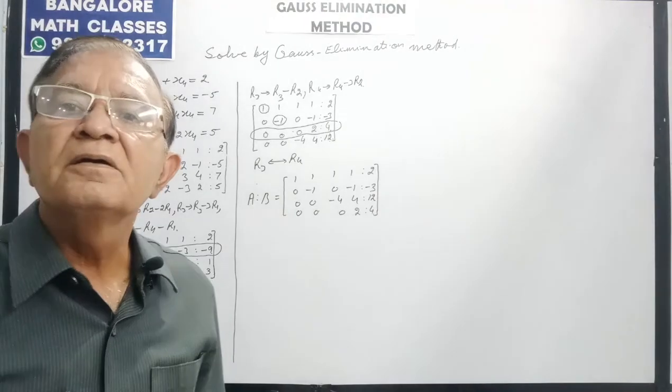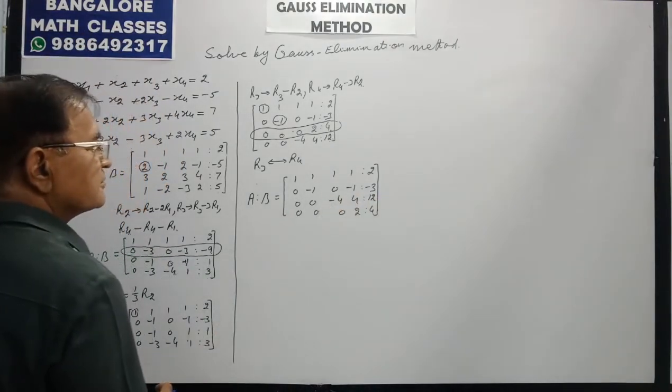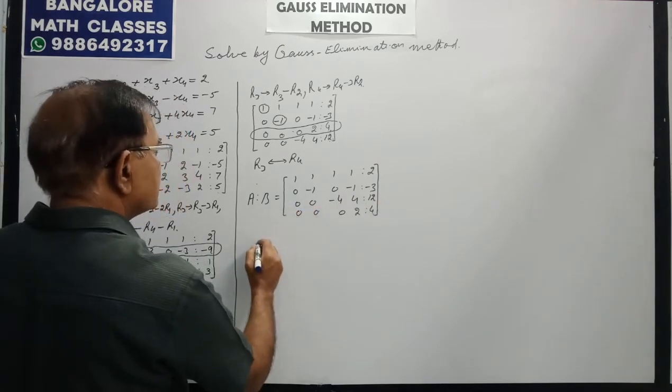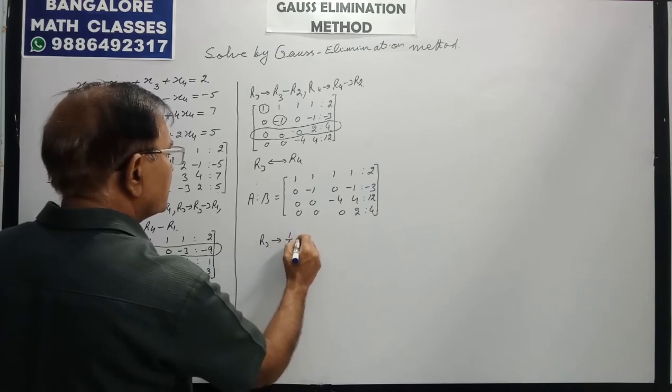Now next I think we can cancel 4 in this line. That is R3 to 1/4 of R3.